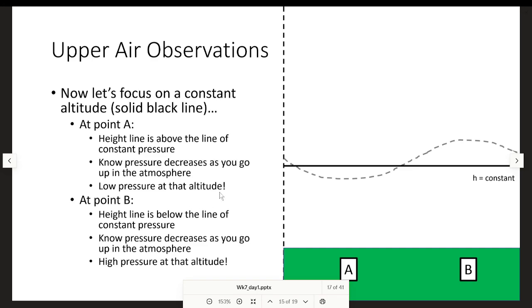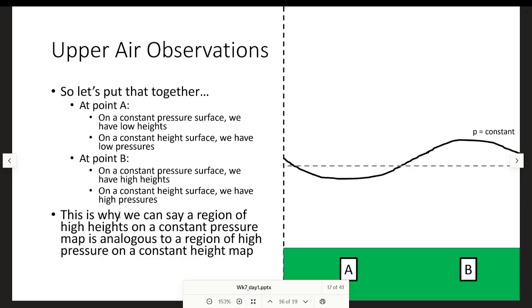But if you have a height line of this same pressure, sorry, let me rephrase. If you have this pressure line and it goes above this constant height line, that means that there is a high pressure at this altitude at H. So there's a low here and there's a high here at this height.